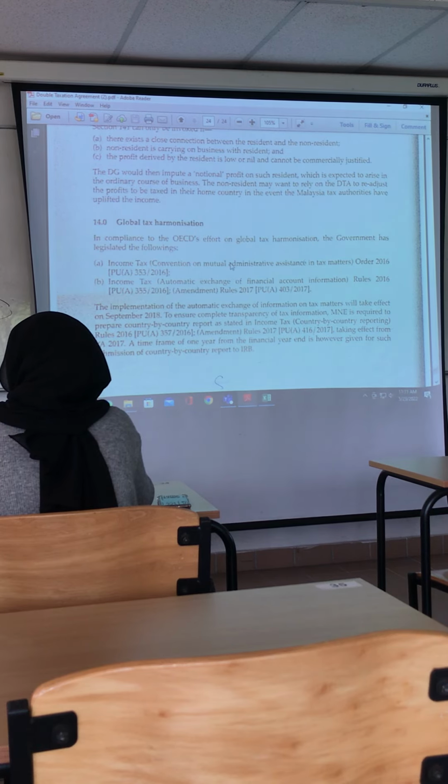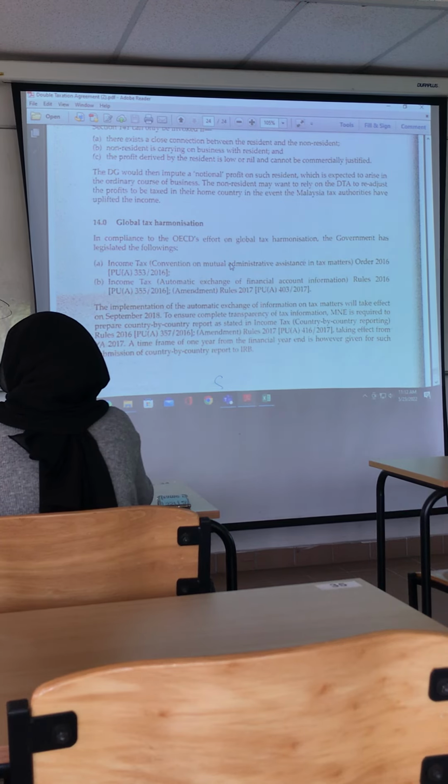But now, because of this convention on global tax harmonization, whenever the tax authority requests information on the depositors, the bank has to give the information.